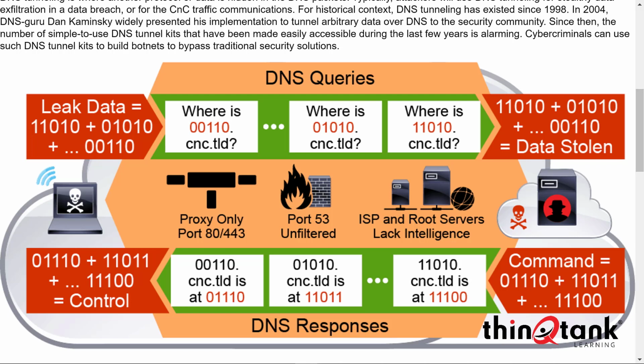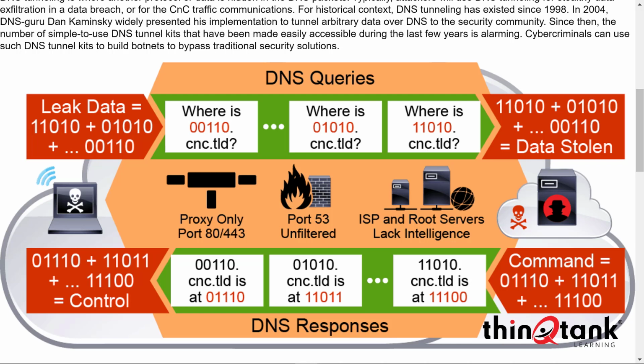All right. So it is very important to be able to understand a solution, or to deploy a solution that's going to be able to detect and block this attempt to do this exfiltration of information. All right. Now, we've already talked about, obviously, what the tunneling is.